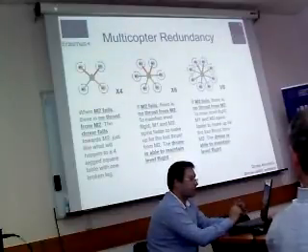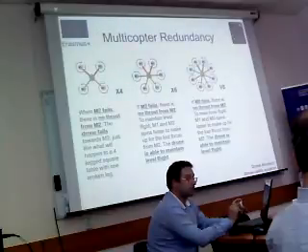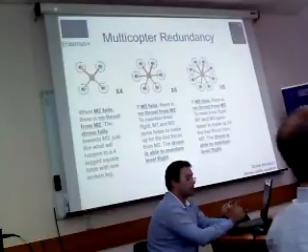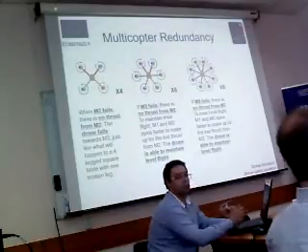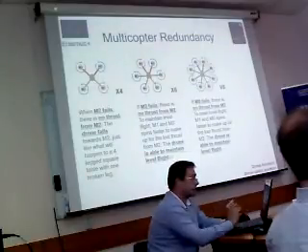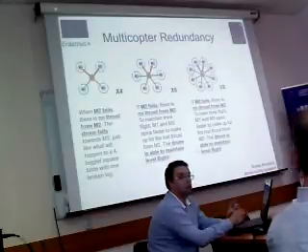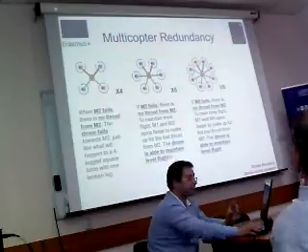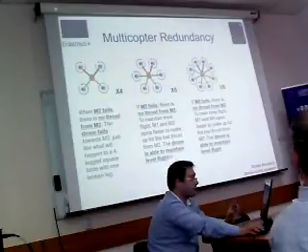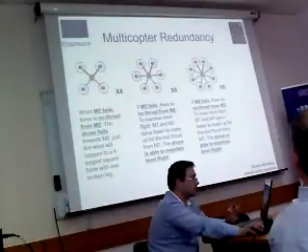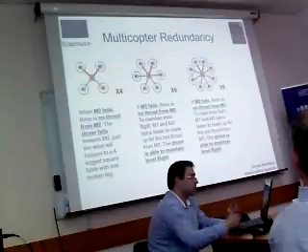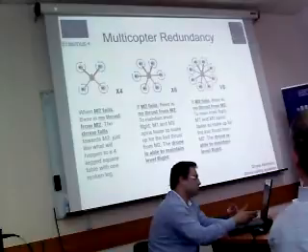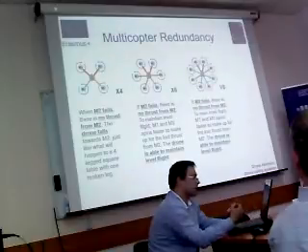So this moment is not cancelled and causes the drone to spin. So if the thrust is too much on one side of the drone, it will cause the drone to flip to the other side. Hence, thrust must be balanced on all sides for stability. And when building multi-rotors, we have to take this problem and solve it at the very beginning.